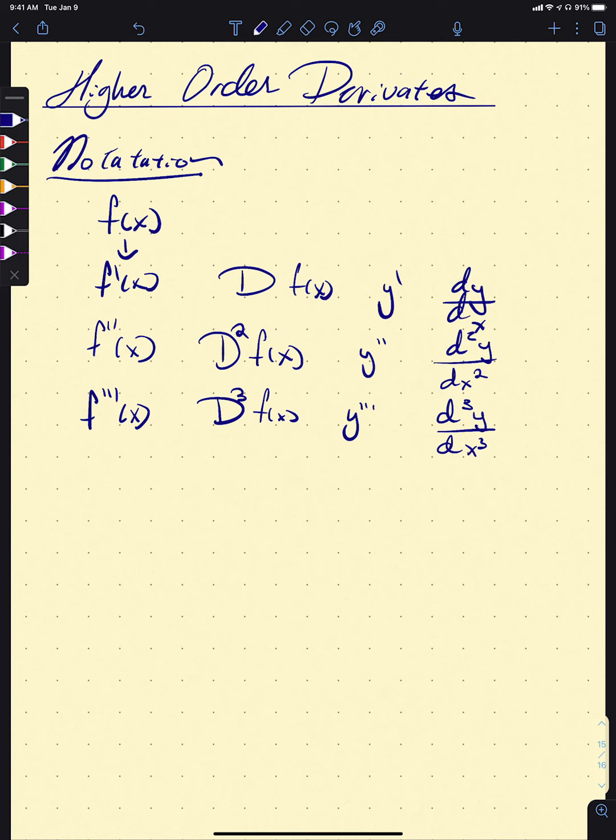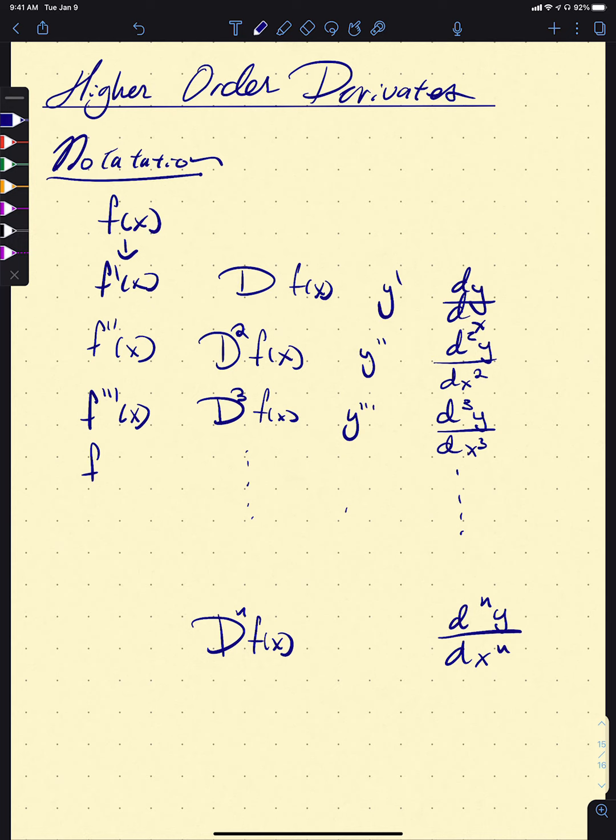One thing that's important to note, I'll just let these two sort of continue down, right, into, say, the nth derivative, right, because you can continue this process as much as you want. So I want that one to continue down. d to the n of y over dx to the n, right?